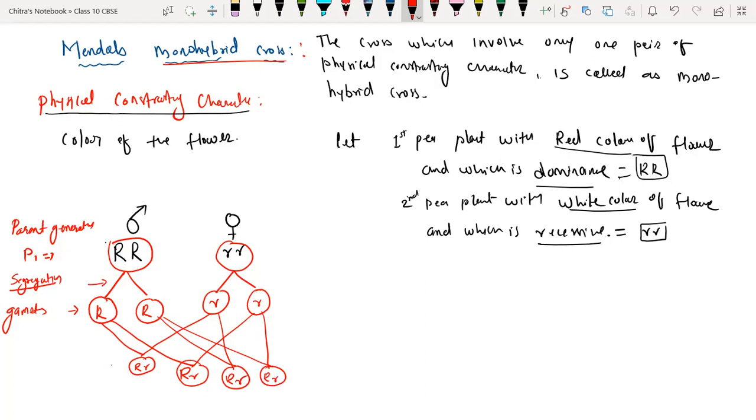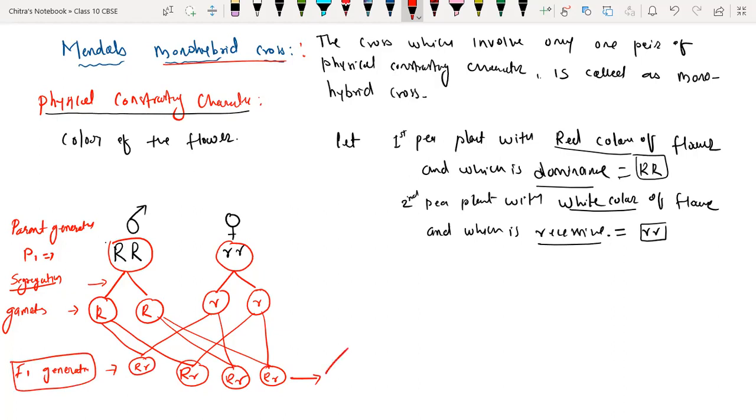This is called the F1 generation, also called the first filial generation. Here all the plants have both characters, red as well as white, 50-50%.